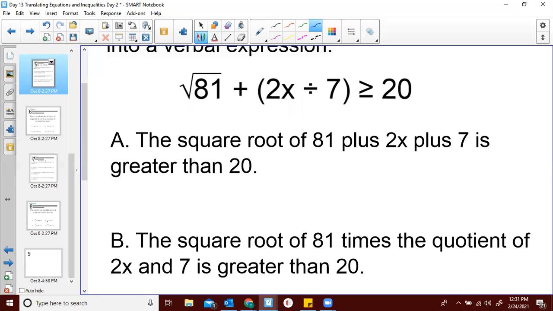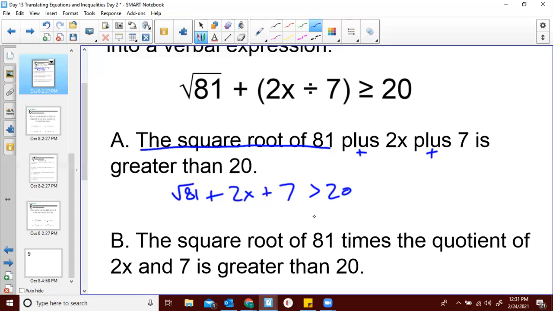So we have the square root of 81. So that's a good start. Plus 2x plus 7 is greater than 20.